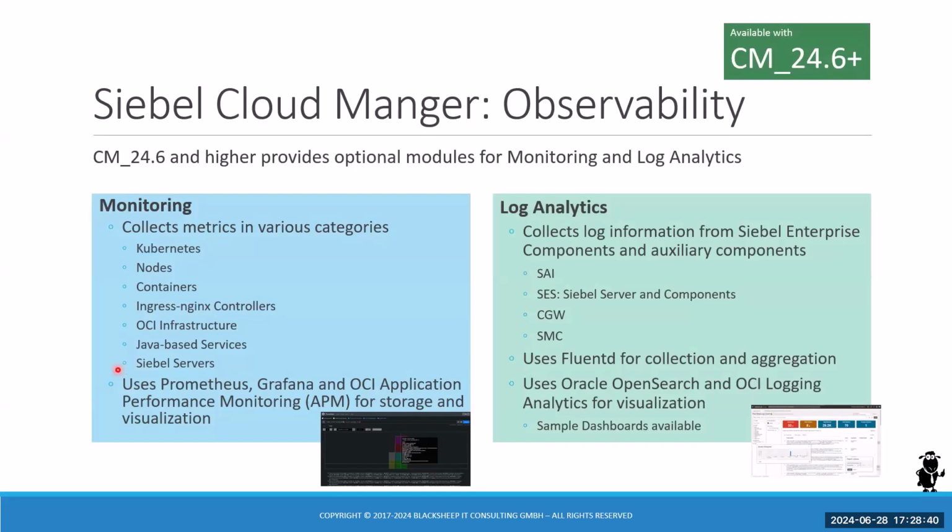It uses the well-known Prometheus metrics collection utilities, and you can use it with Grafana if you have Grafana. If you don't use your own Grafana, Oracle provides the application performance monitoring dashboards in OCI. So you can either use the Prometheus Web UI, Grafana dashboards, or APM dashboards, and Oracle even provides some kickstarter dashboards.